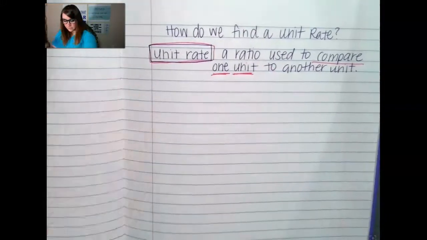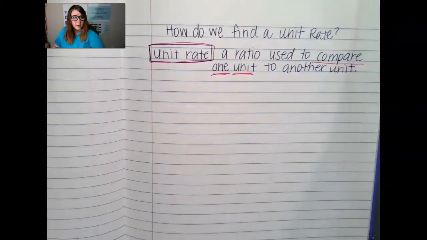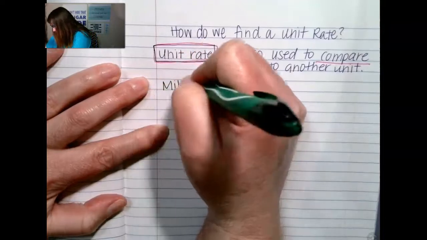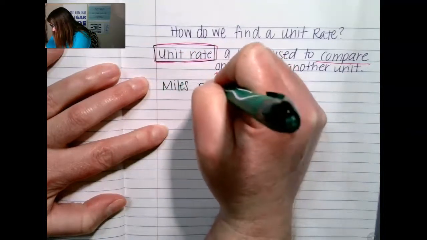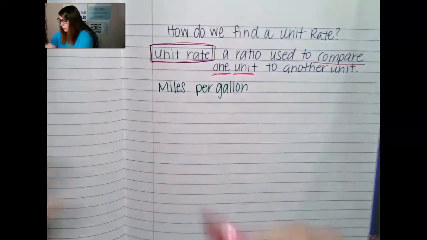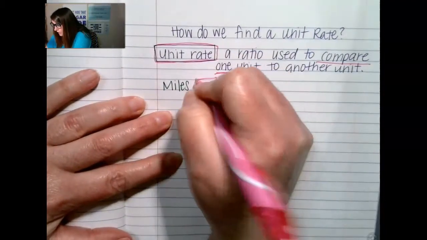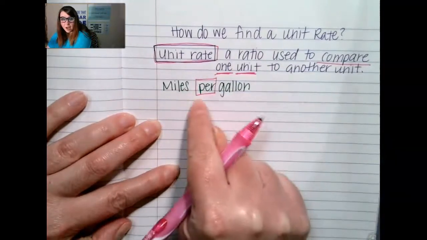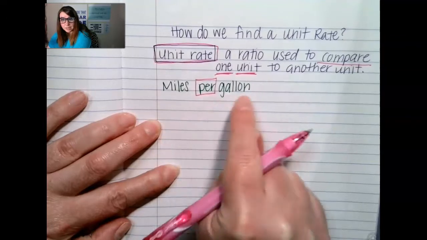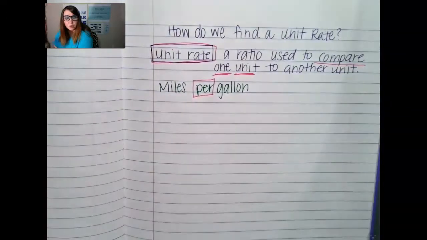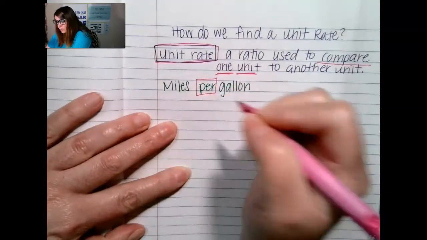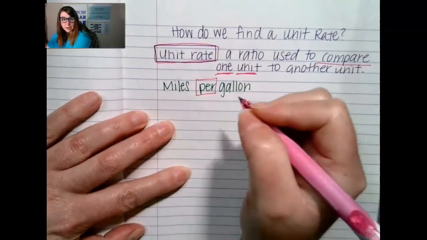So we could have something like miles per gallon. Okay, this word per tells us that we are doing a comparison of miles to gallons. So the word per is actually a word that means to. It tells us to use a unit rate.